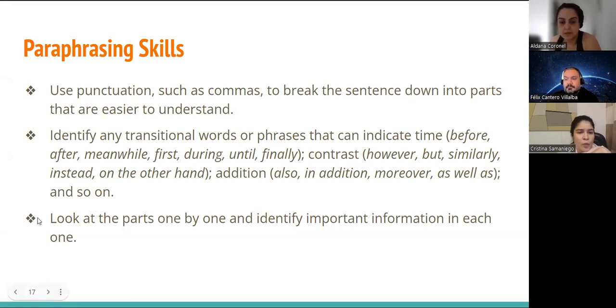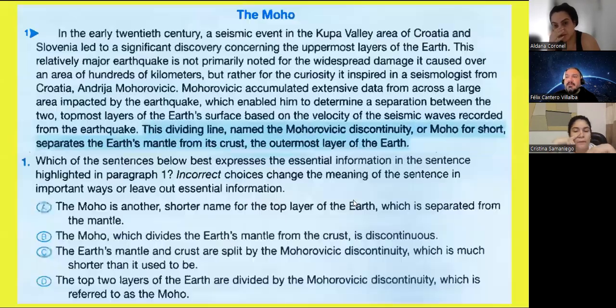Look at the parts one by one and identify important information in each one. Exactly. This is going to take a long time at first, but later when you get used to it, you learn to do it very quickly. So let's read about the Moho.